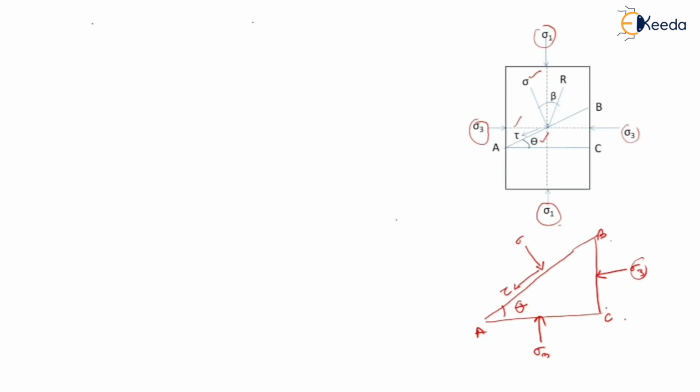Since surface AB is inclined at an angle theta with the horizontal, the normal stress sigma can be resolved into two components: a horizontal component and a vertical component. The horizontal component will be sigma sin theta and the vertical component will be sigma cos theta.